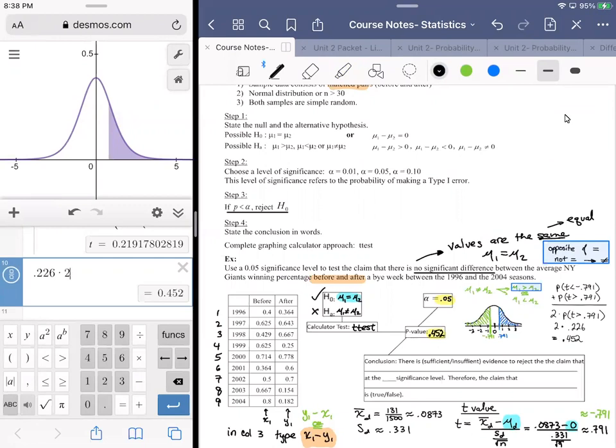All right. So I'm going to write my conclusion with the idea that the null hypothesis is more true than the alternative. The first sentence addresses whether or not we reject the null hypothesis. So there is insufficient evidence to reject the claim that, and we state the null hypothesis in words.